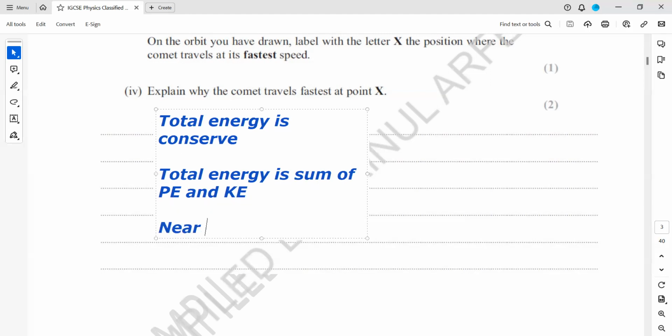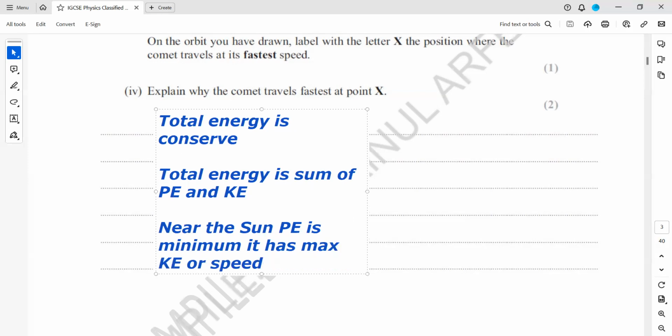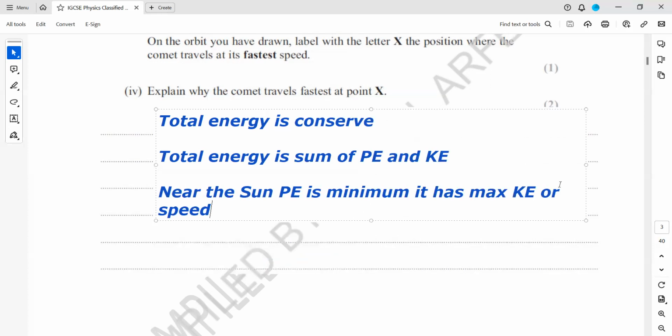So near the sun, the potential energy is minimum. So it has maximum kinetic energy or speed. Because if the kinetic energy is greater, it will have the highest speed there.